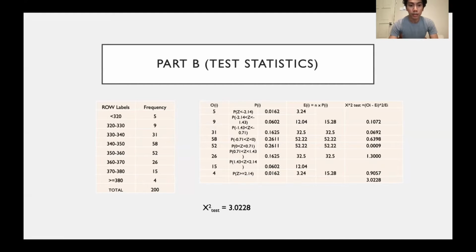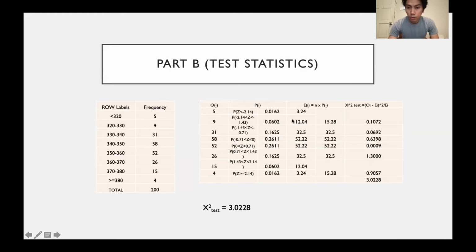For the test statistic, I use my Excel table. I can make this frequency table and add up, and it becomes 200. This 200 will become the N. And then I'm using this table, Oi, Pi. This value I get from the statistical book table.